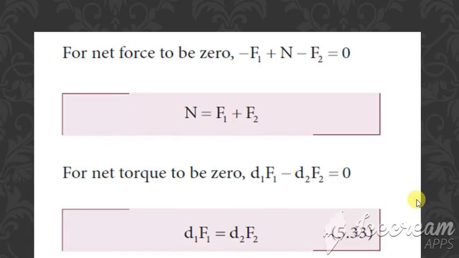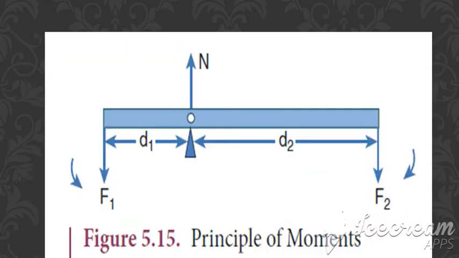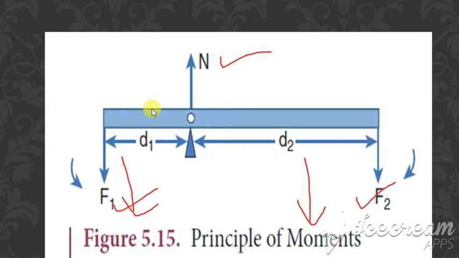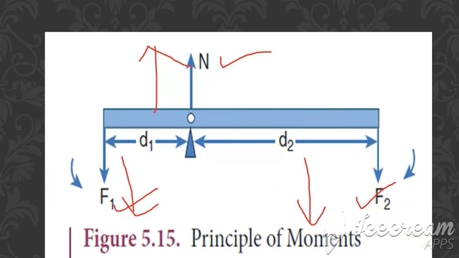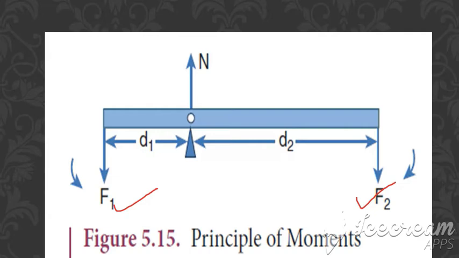Clear? When we write the net force equal to 0, the forces we consider here are F1, F2 and N. These two are in the downward direction but N is in the opposite direction. So when we add all this, we write N as positive and F1 and F2 as negative because they act in the opposite direction.